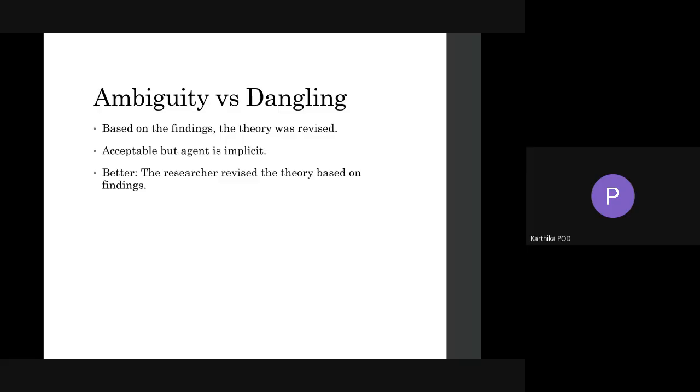Who revised the theory is not important here, because the focus is the findings and the theory, more importantly the theory. So this is acceptable, but again this leaves space for some ambiguity. You could ask who revised the theory.